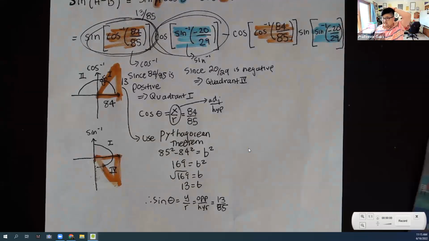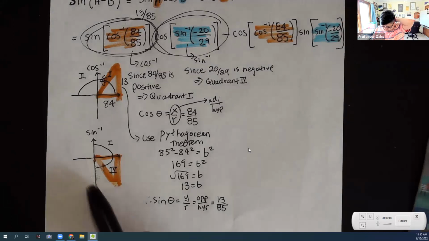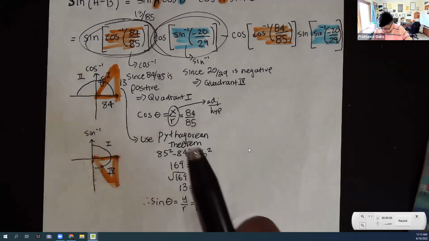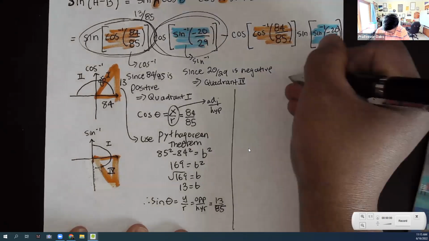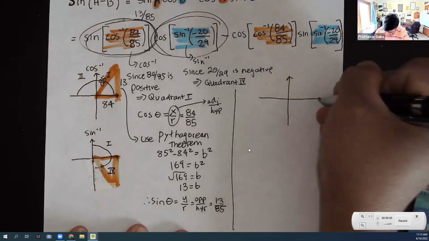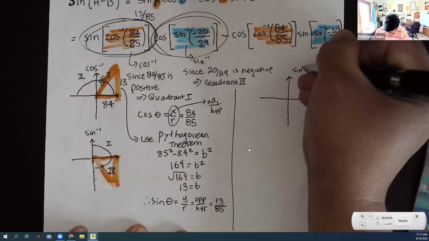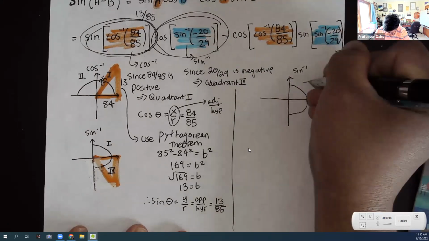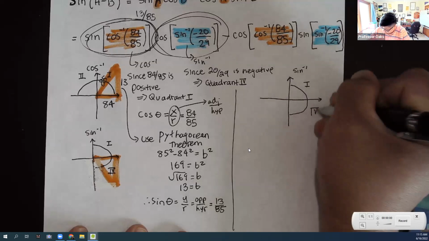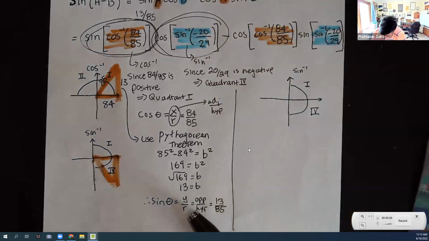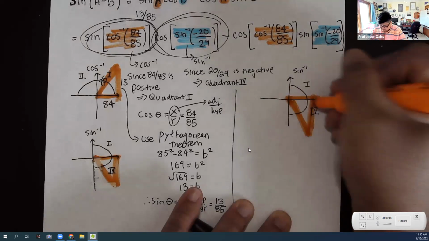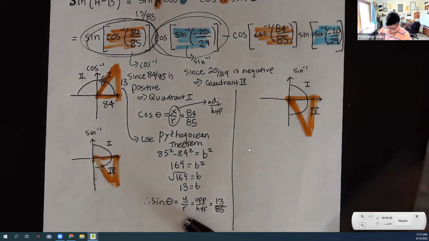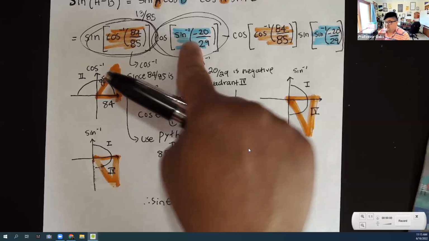So to do that, I go to this triangle right over here. Actually, I'm gonna draw that one over here so that I don't have all of the information all over the place. So that one will be down here. But remember how this works though. We start with the inside function.